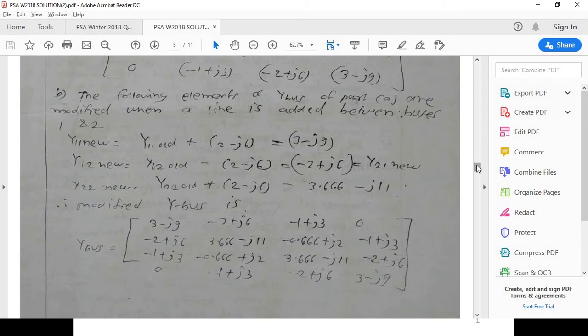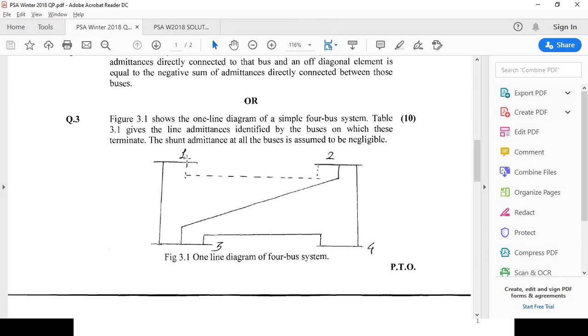The first method is that, similar to case 1, just consider this connection y12 and solve the numerical from the start. That is, write the size of the Y bus matrix 4 by 4, then calculate the diagonal and off diagonal elements. So y11, y12, y13. Only 4 parameters will be changed.